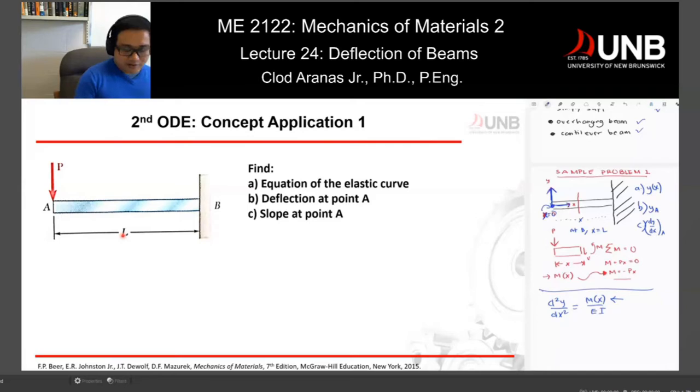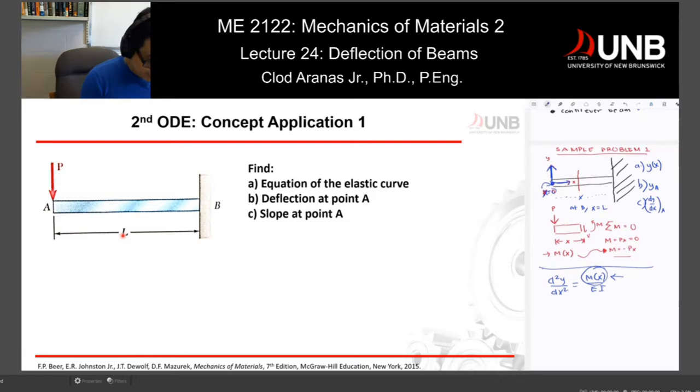Now, our objective is to get this M sub x equation. In order for us to get that, we have to slice our beam at a length of x so that we can develop some equations. In this particular case, I can slice my beam right here.